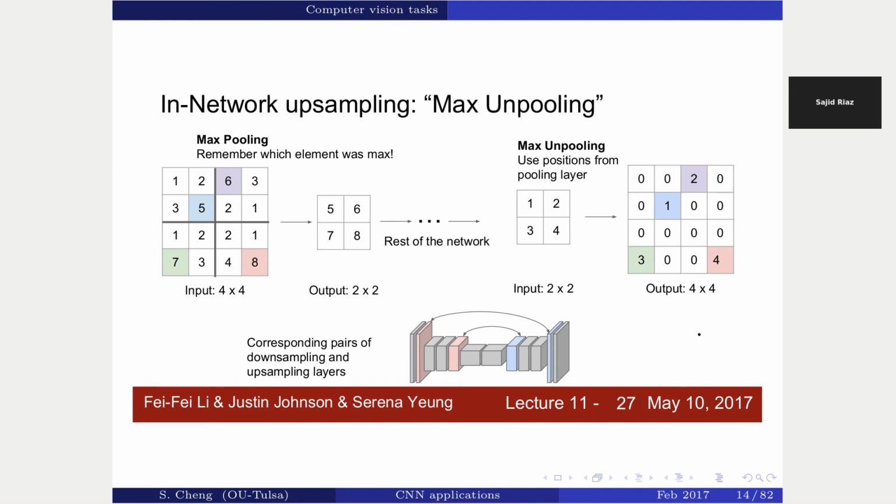This is something we briefly mentioned when we did visualization; we also have unpooling there, and it is essentially the same thing. If during the forward pass in the early layer these are the maximum values, in the corresponding later layer we only fill in the value at the position of the maximum. Does it make sense?